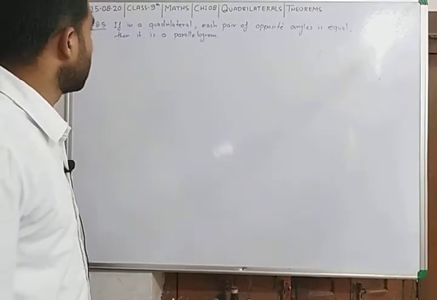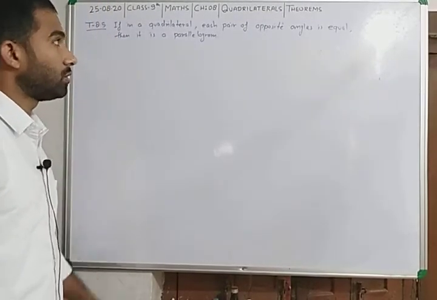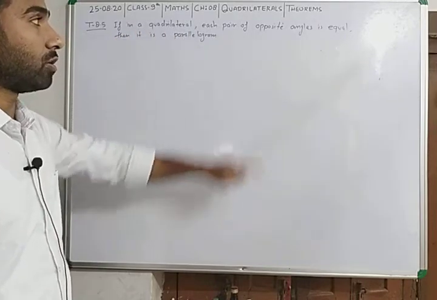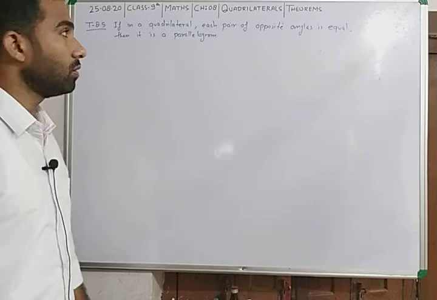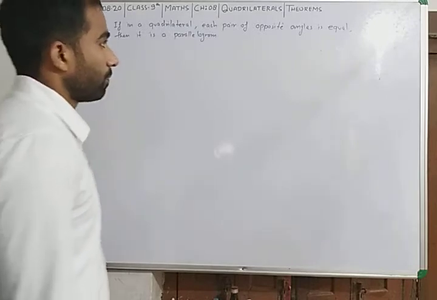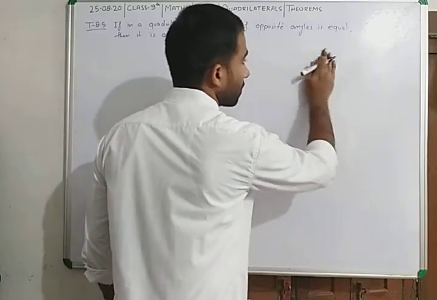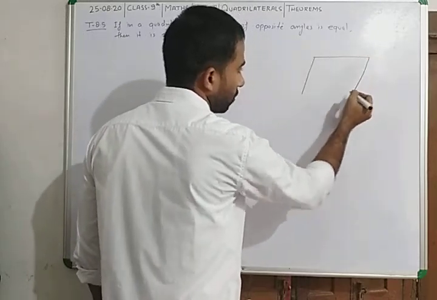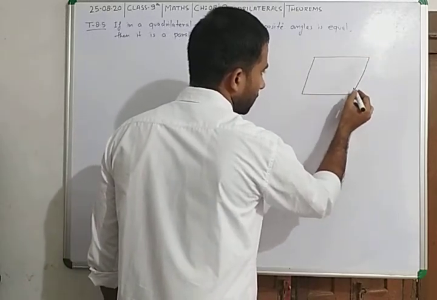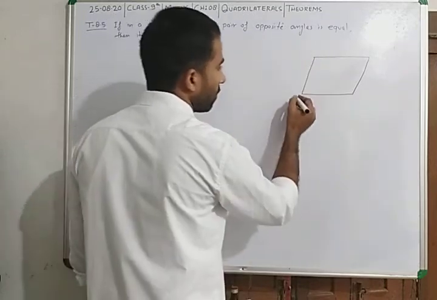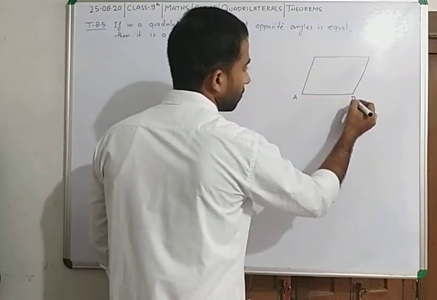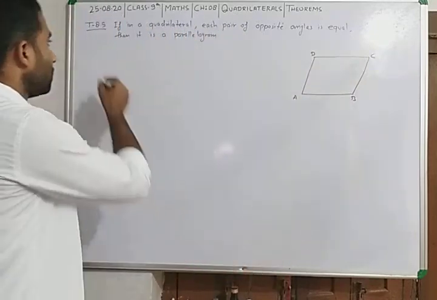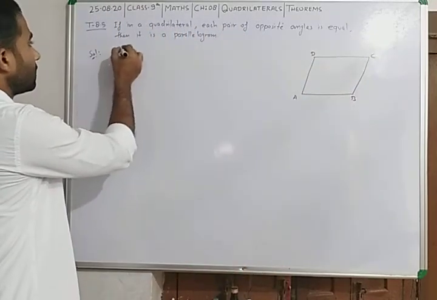Now this is theorem 8.5. This theorem says if in a quadrilateral each pair of opposite angles is equal, then it is a parallelogram. So first of all we will construct a quadrilateral. Because we need to prove a parallelogram, we will construct a quadrilateral like a parallelogram and name it ABCD. Then we will write the given things.